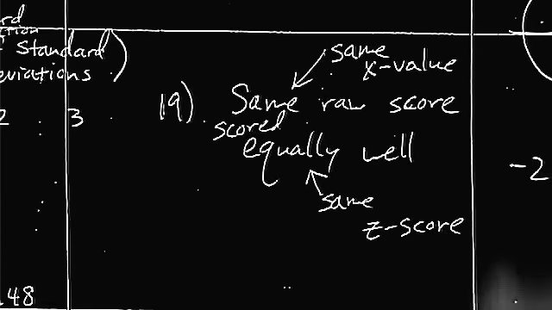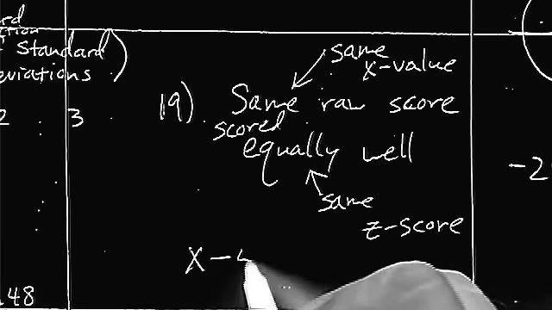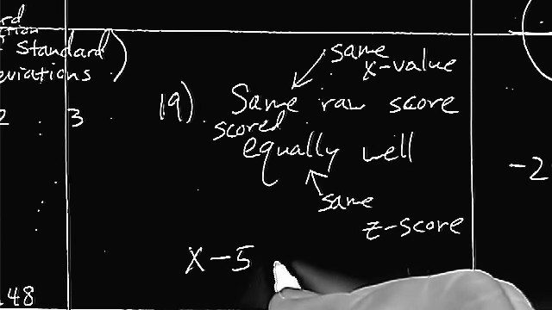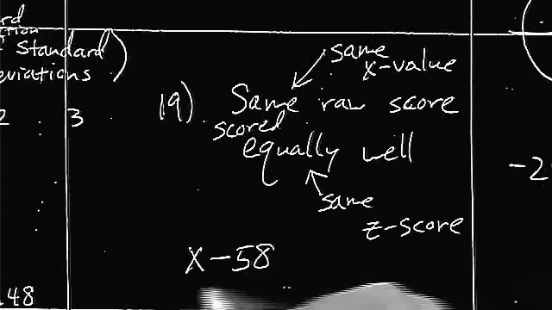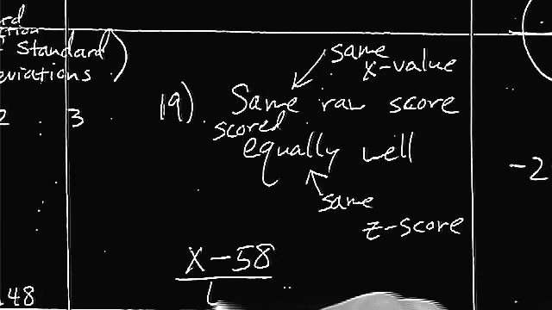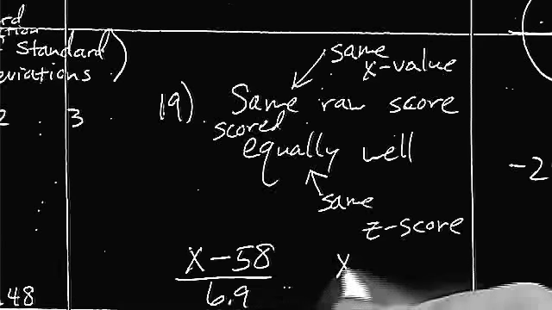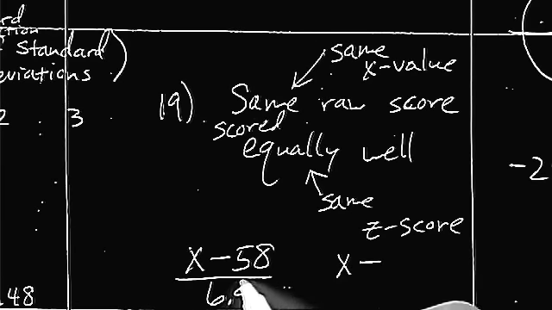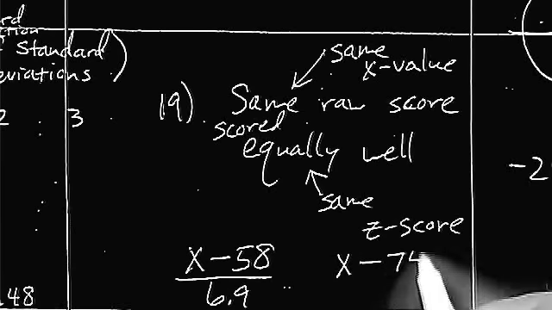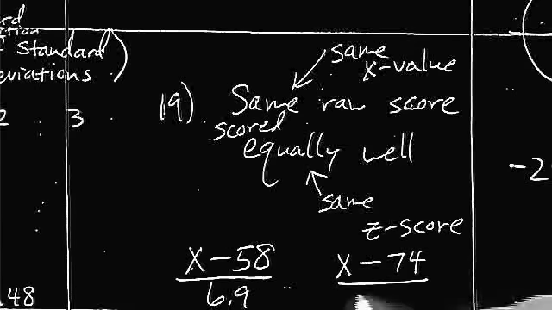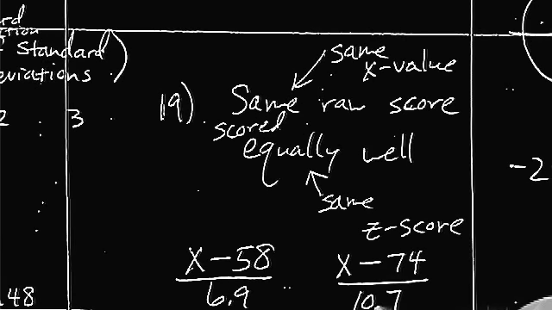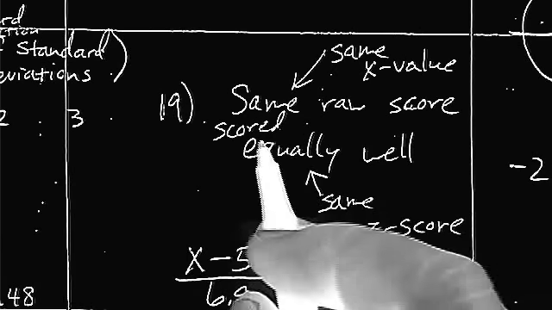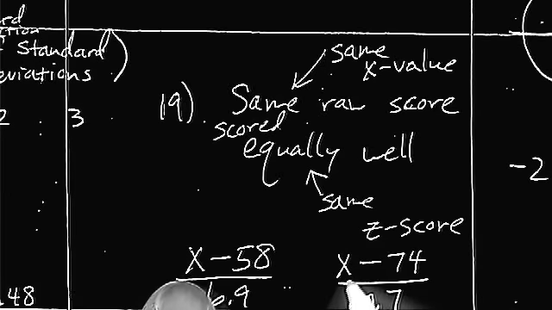So Angela, we get x minus 58 over 6.9, and this is her z-score for the physics. And this is her z-score for the math. And because it says she scored equally well, you can notice that I used the same variable on both of these. That means she got the same raw score.